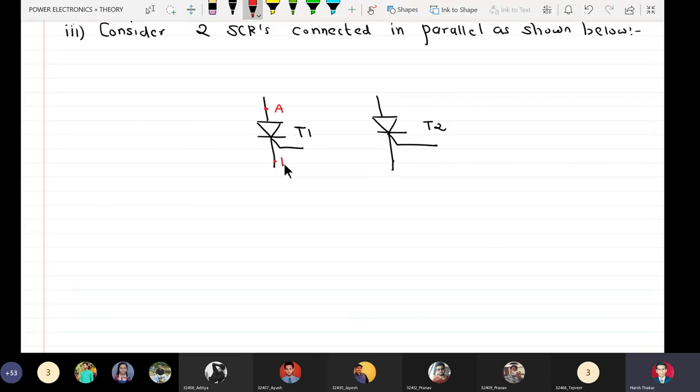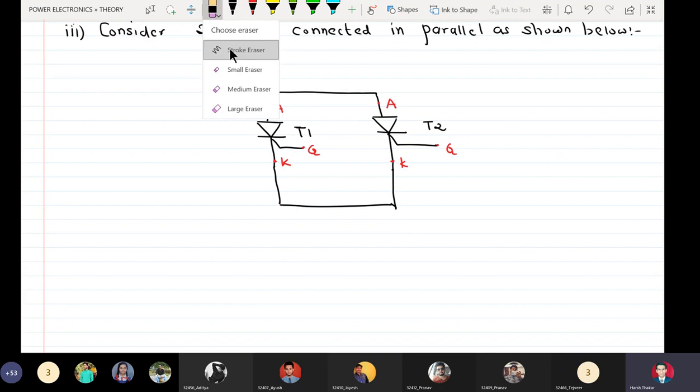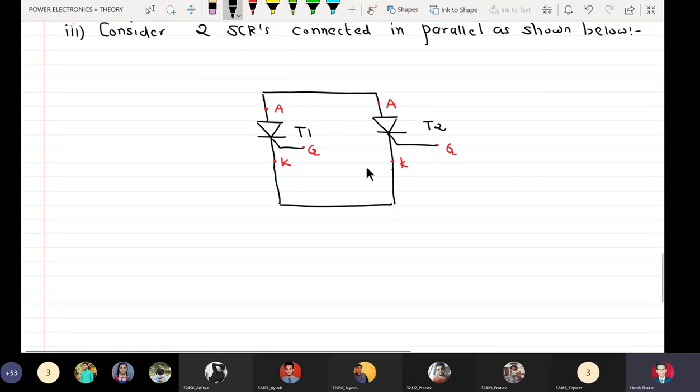Anode, cathode, gate, anode, cathode and gate connected in parallel. Okay.